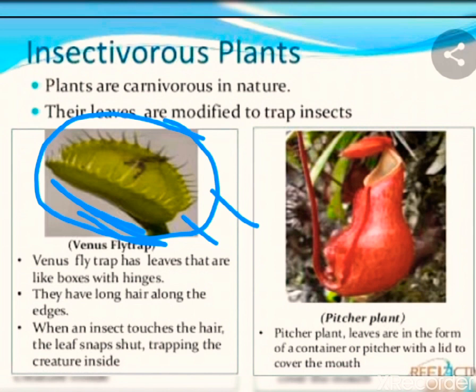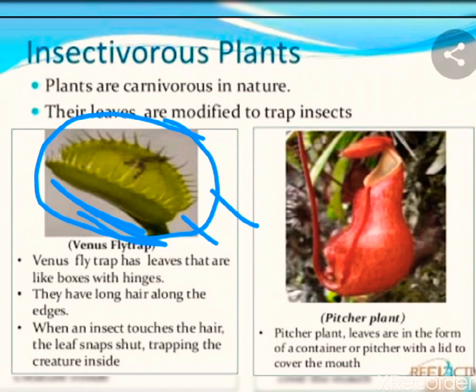There are digestive juices inside. After looking at the juices, the insect comes and sits on it, and as soon as the insect comes, the lid of the pitcher plant closes, and the insect is trapped inside and is digested there.